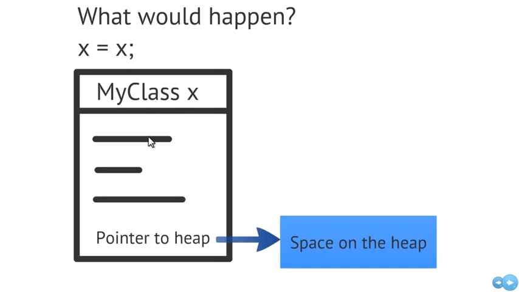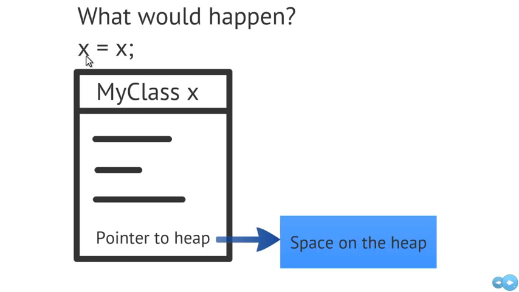X could in fact have a lot of data members, or maybe just a few data members, but if one of those data members was a pointer that was capable of referencing heap space, we'd have to be very careful, because typically what would happen here is that we would deallocate the heap space associated with what we had on the left-hand side, so that we could in fact allocate or assign the heap space that's associated with whatever we have on the right-hand side, whatever this particular my class thing may be pointing to out there on the heap.